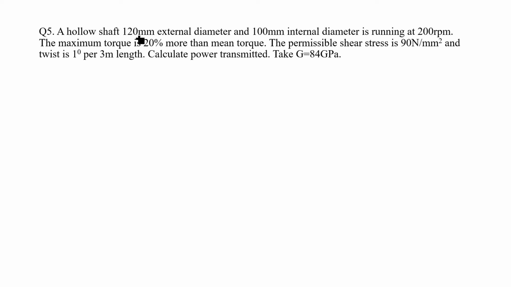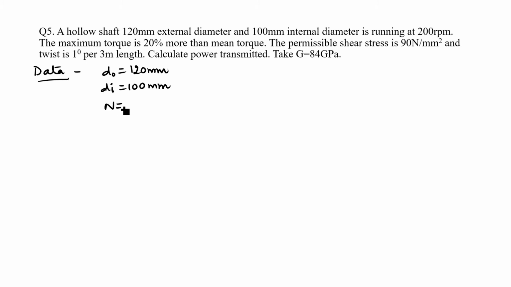A hollow shaft, 120 mm external diameter and 100 mm internal diameter. So I'll write down, it's a hollow shaft whose external DO is 120 mm and DI is 100 mm, is running at 200 rpm.